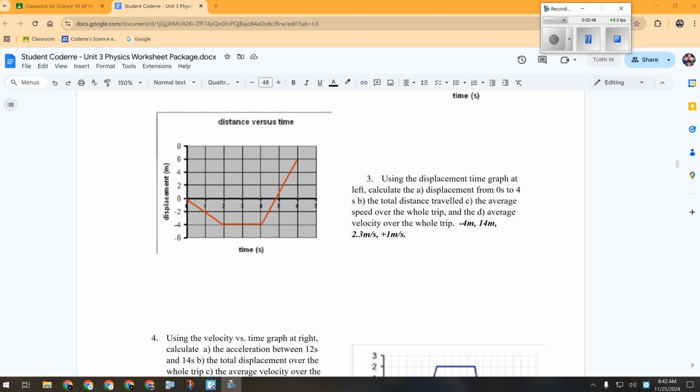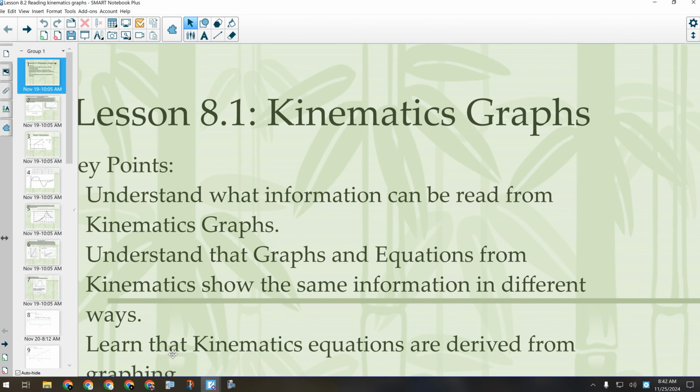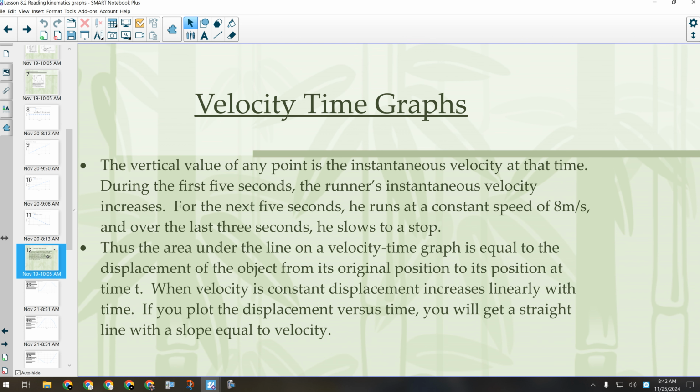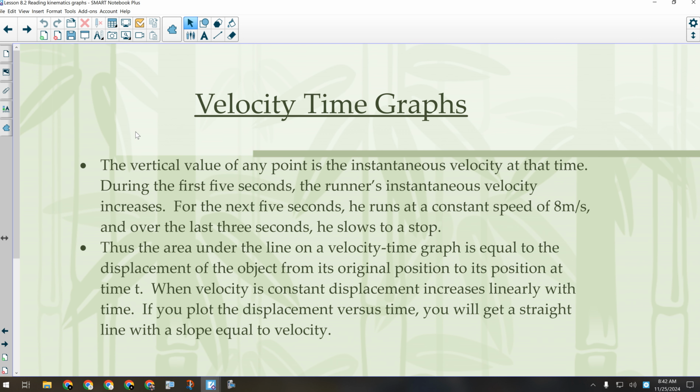Okay. All right. Let's have a look at velocity versus time graphs here. Okay, so if you can find that in your notes package there, guys, lesson 8.2, and it's now the latter half of it.